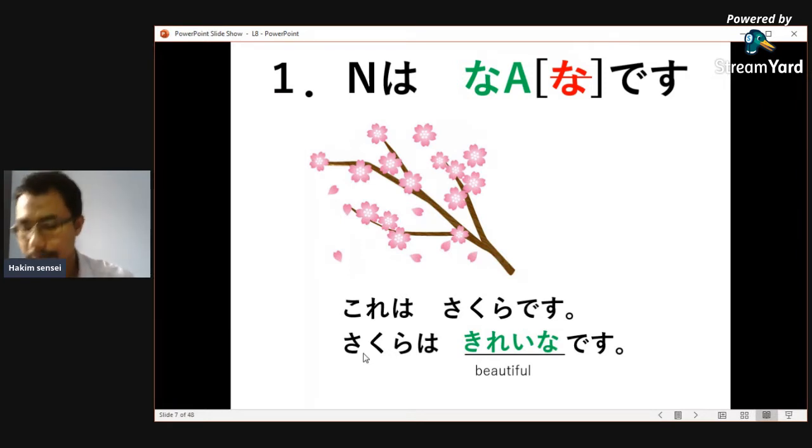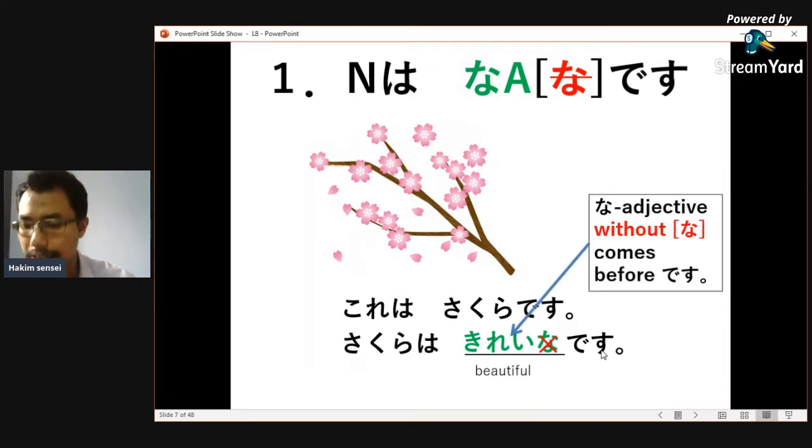But remember, if you see a sentence like this, there is no need to use the na character. Why? Because the na-adjective is right before the sentence finishes with desu. When you see desu after a na-adjective, you don't need to put na in between. That's why the grammatically correct sentence would be sakura wa kirei desu.